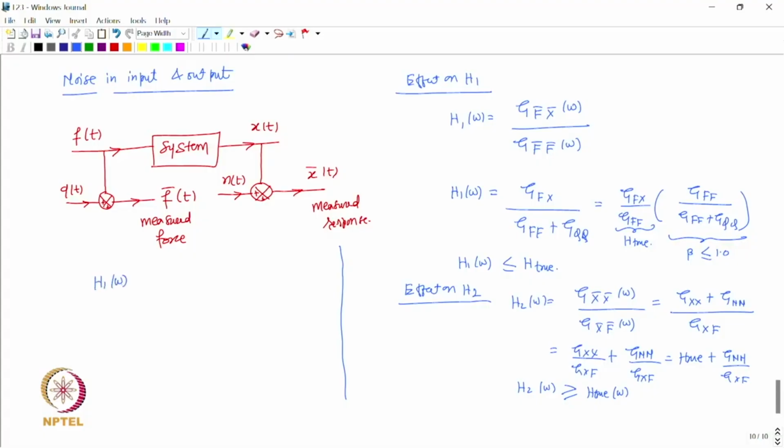So, we see that H1 omega is always less than or equal to H true, and H2 omega is more than or equal to H true. So, H1 omega is the lower bound and H2 omega is the upper bound on the FRF, H true.